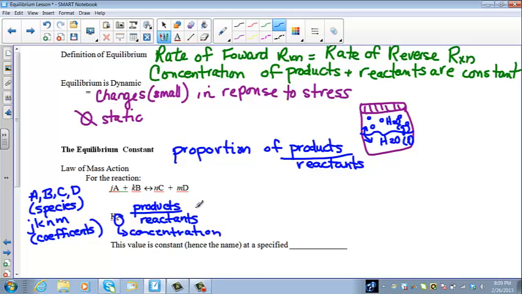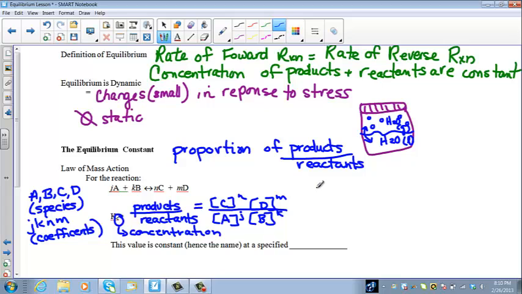So products over reactants means I'm going to have the concentration of C raised to the nth power times the concentration of D raised to the mth power divided by the concentration of A to the J power times the concentration of B to the K power.